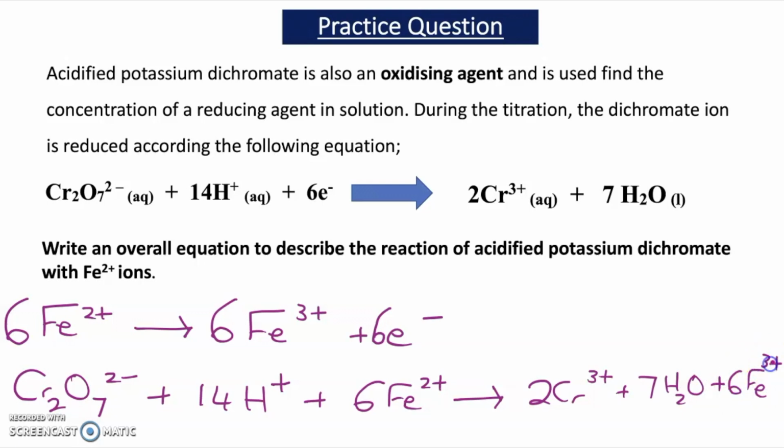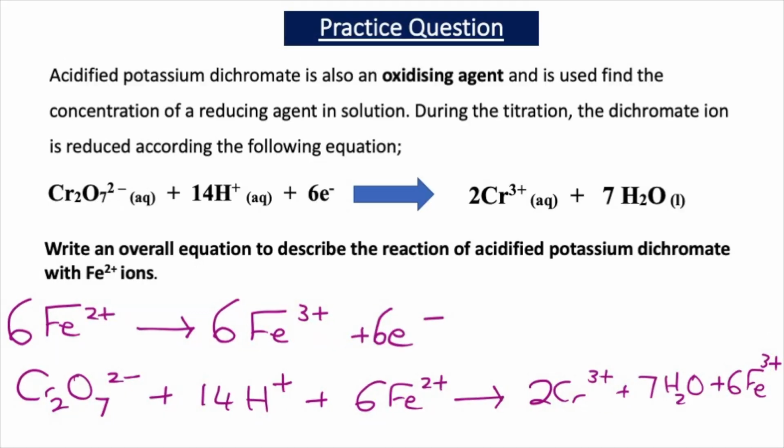Now, this equation, like all overall equations, is important because it tells us the ratio of dichromate ions to Fe2+ ions when they react. So I can see there's a 1:6 ratio here.